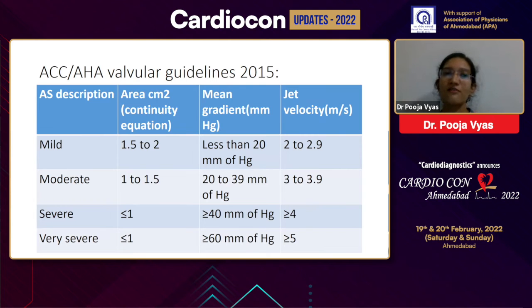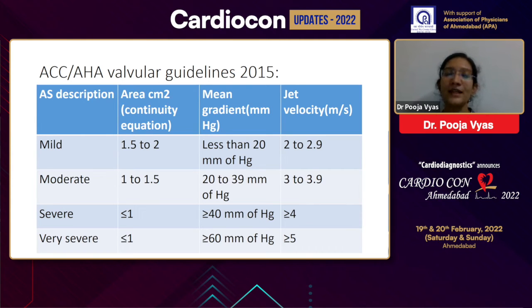Moderate aortic stenosis is when the valve area is 1 to 1.5 centimeters square, the mean gradient is between 20 to 39 millimeters of mercury, and the jet velocity is between 3 to 3.9. We will say that aortic stenosis is severe when the aortic valve area is less than 1 centimeter square, the mean gradient is more than or equal to 40 millimeters of mercury, and the jet velocity is more than or equal to 4 meters per second.